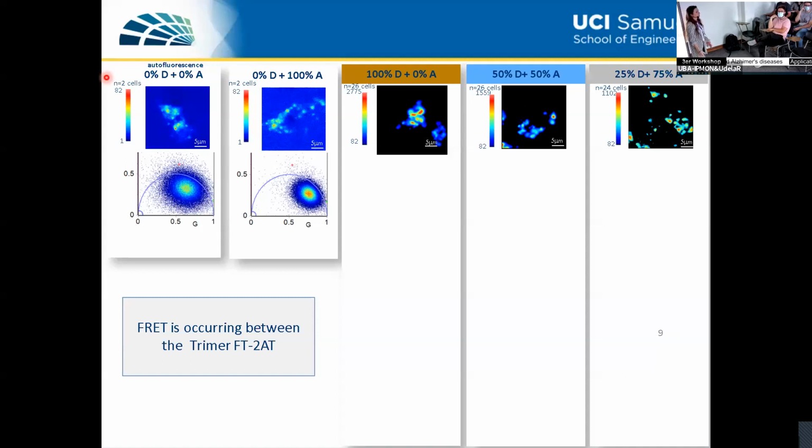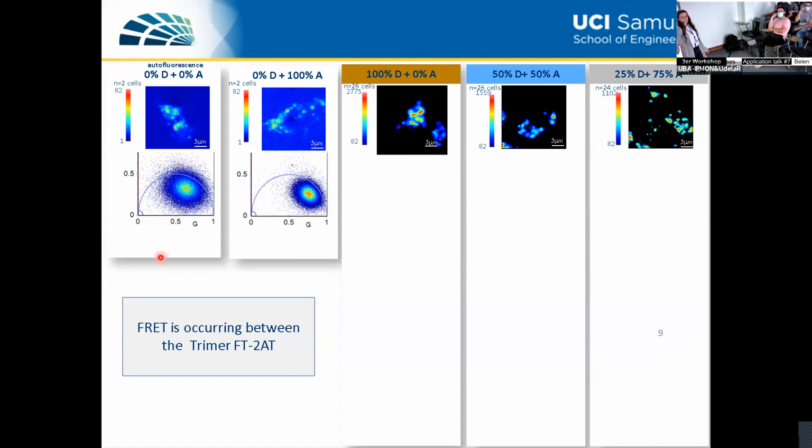So it's low. Then we have conditions where we put 100% donor and 0% acceptor, and then we increased to 50-50, and then we did 25% donor and 75% acceptor. So we had all these conditions. And you can see here in these images that we cut the pixels with a low level of photons.